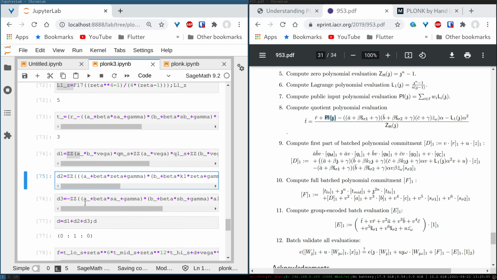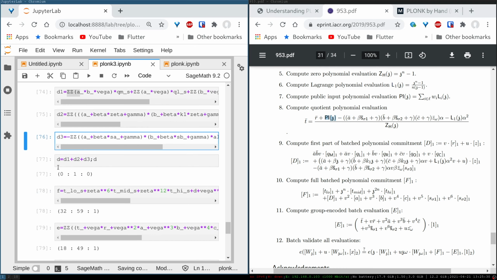D3 is A bar plus beta times SA plus gamma times B bar plus beta times SB bar plus gamma, multiplied by alpha, multiplied by beta, vega, multiplied by SW bar, and then multiplied by the point SC. Okay, so then D is the sum of the three guys, and that gives us this value for D.